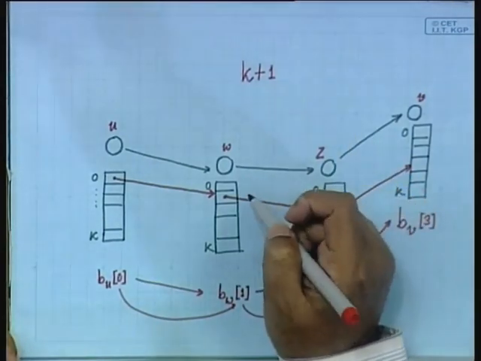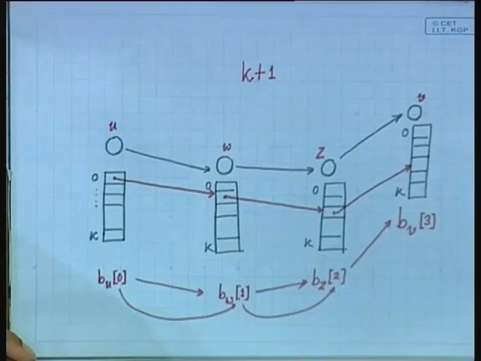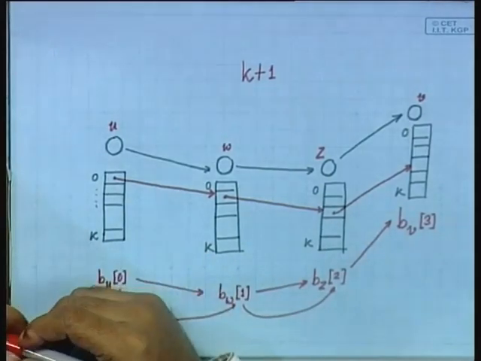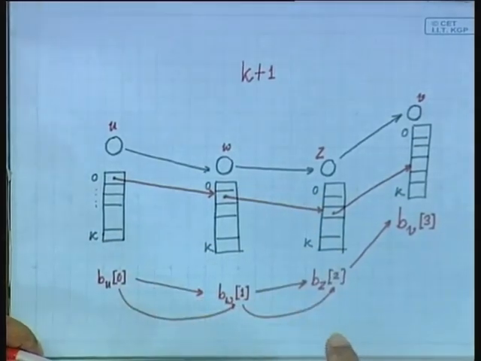Now, how do we show that this is deadlock free? In order to have a deadlock, we have to have a cyclic wait condition. So, we will have to have at least a set of buffers where every buffer is waiting for the next buffer to clear.